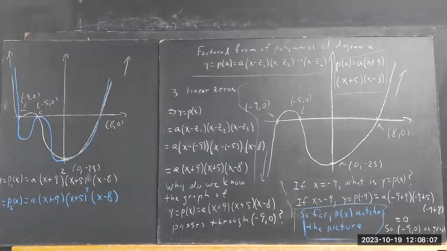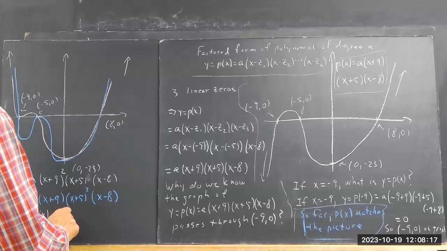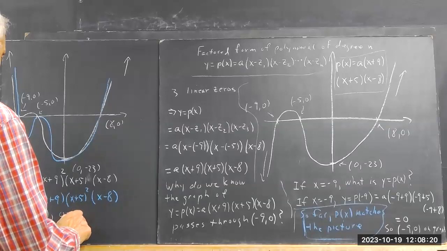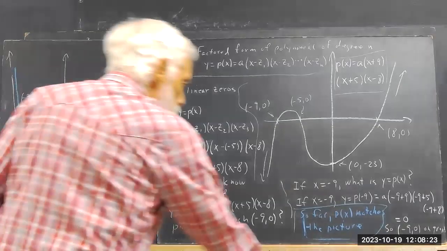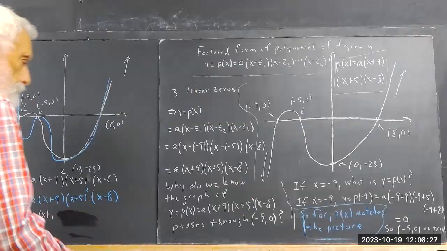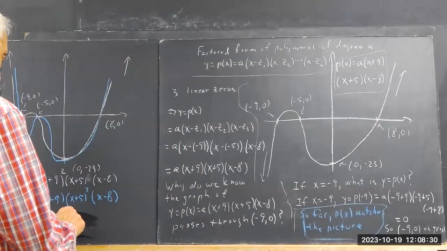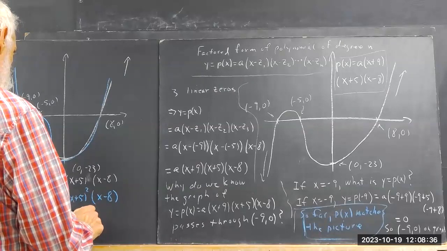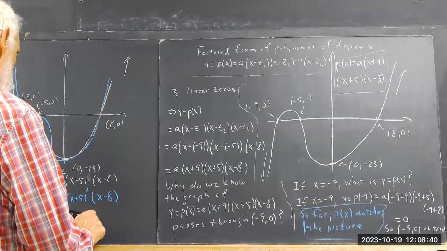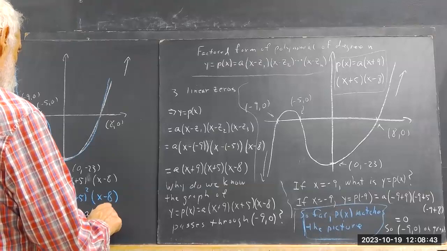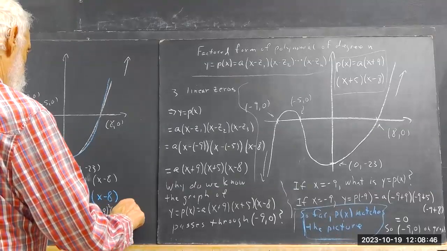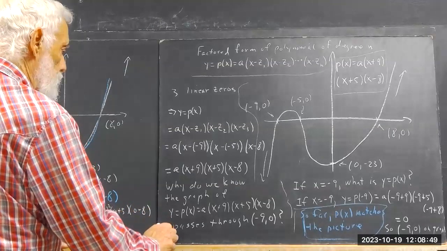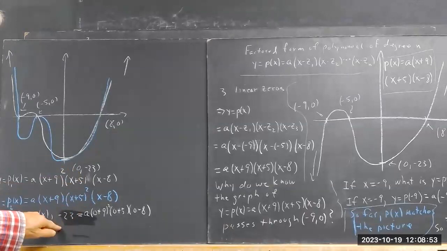So for the P1 graph, I just plug in 0 for x, and I've got to get -23.